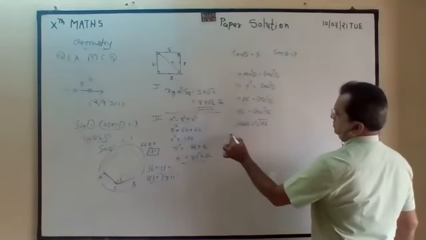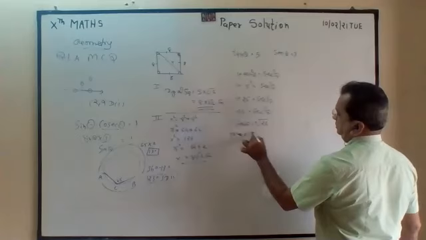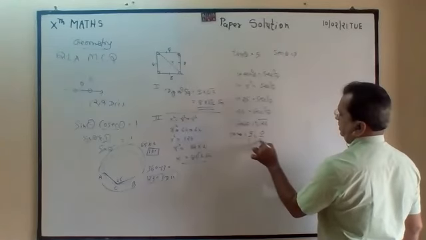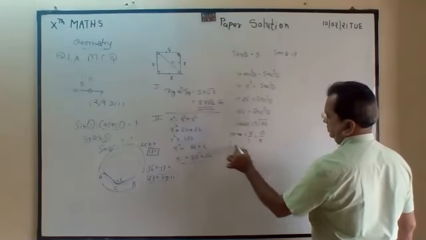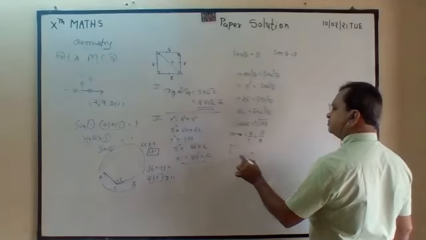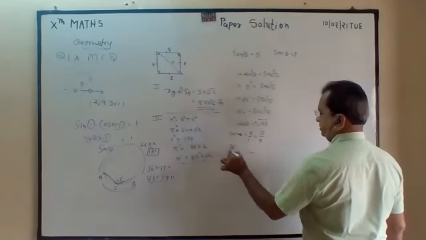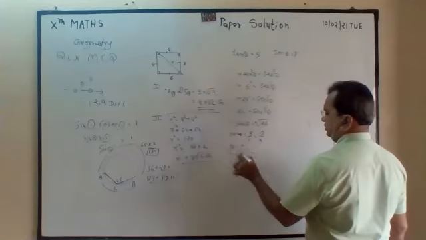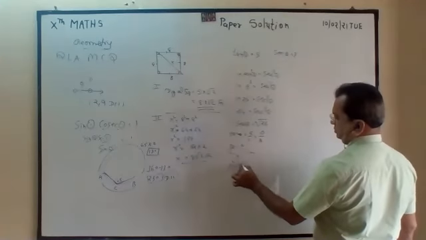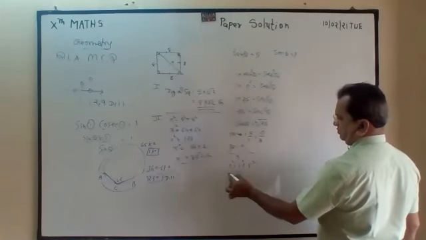Second method, tan theta is equal to 5 by 1. It is opposite by adjacent. This is theta. Opposite 5, adjacent 1. This is x. X square is equal to 1 square plus 5 square.